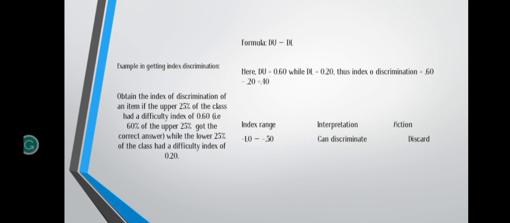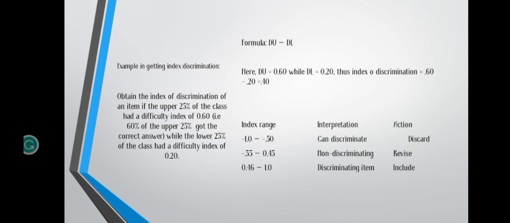So we have to discard it. While pag negative 0.55 to 0.45, walang mangyayaring judgment or discrimination. So we have to revise it. Okay, kapag 0.46 to 1.0, discriminating item siya, yun yung i-include natin sa test questionnaire. Yung item na yun, i-include yun. Maraming nakakuha ng tamang sagot doon sa item na yun.